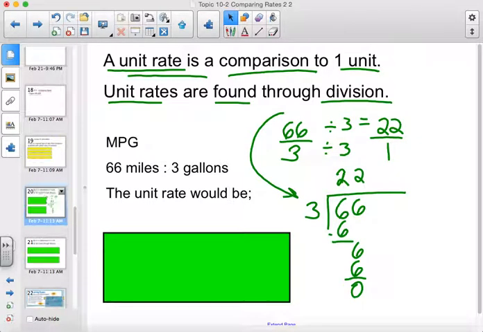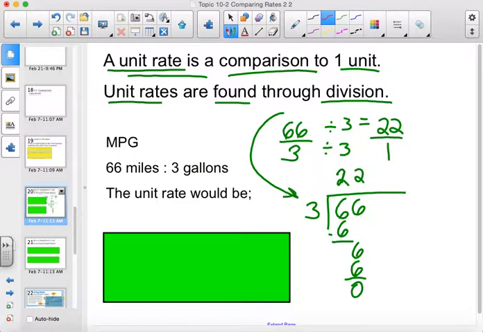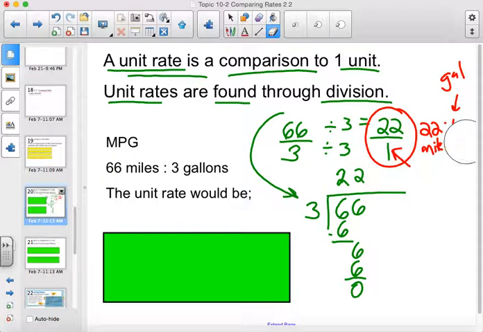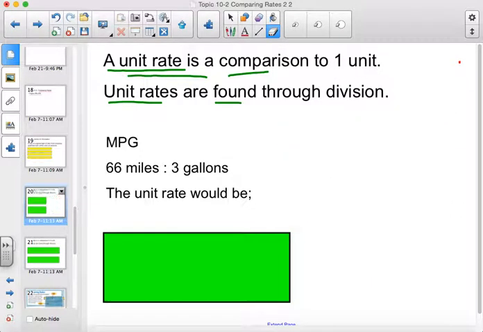So our rate would then be broken down to a single unit, 22 to 1. So it would be 22 miles to 1 gallon. And that's what we mean when we talk about a unit rate.